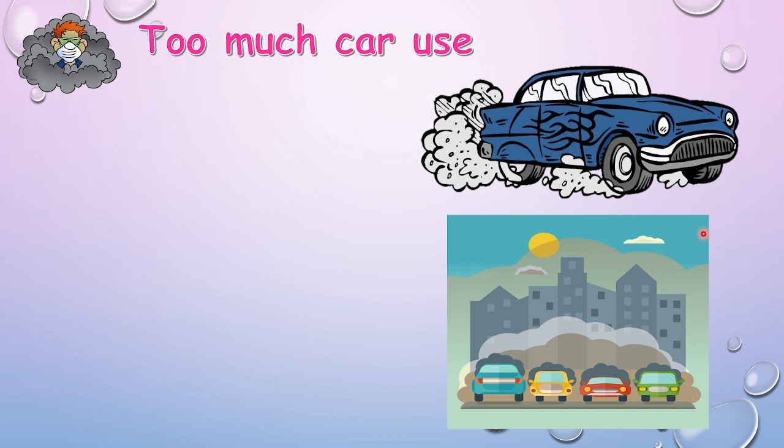Our cars have engines that burn the gas to make the car work, to make the car move. But while they burn the gasoline, the gas will turn into smoke. That's the smoke that you see that comes out of your cars, or maybe the trucks, the buses, right?